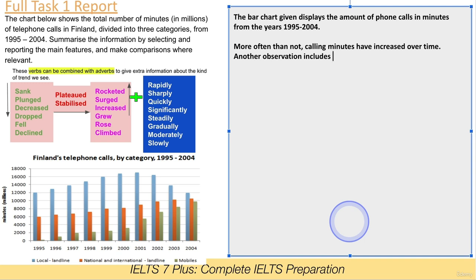Well, we could talk about either, yes, we mentioned mobiles in the plan. That would be great. So another observation includes mobiles saw a rapid increase, perhaps closer to the end, or rapid increase perhaps from 1999, say.